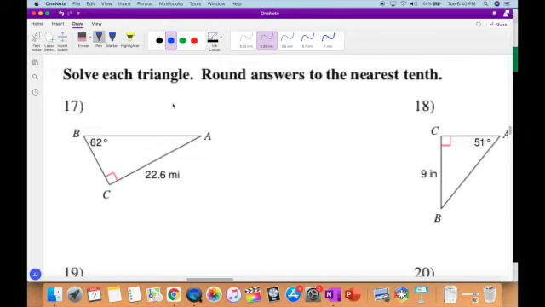Which side did you look first? Right. Well, let's look at what we have. We have this angle here, right? And I'll just write on the side here, SOHCAHTOA.